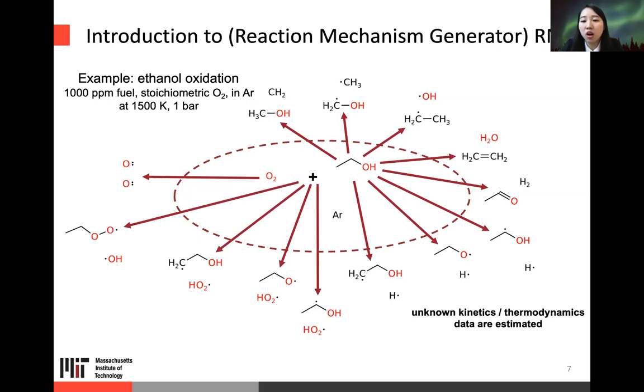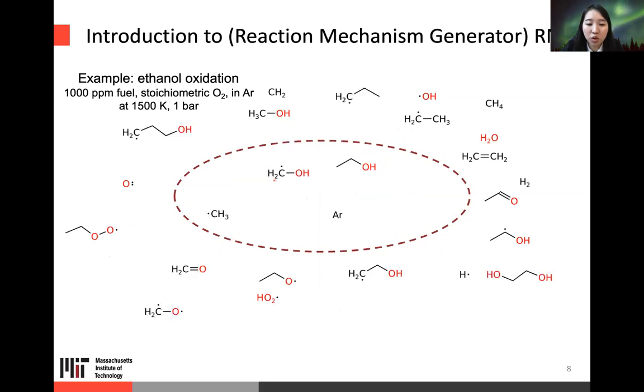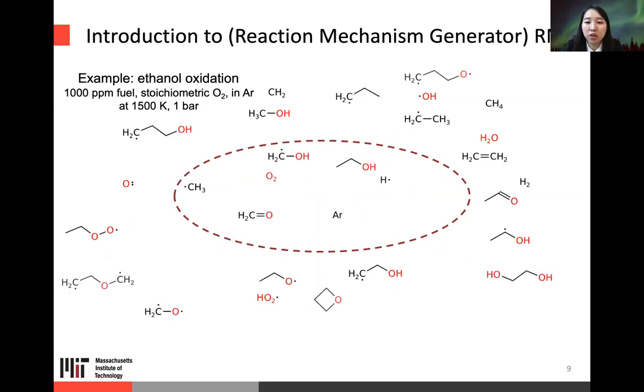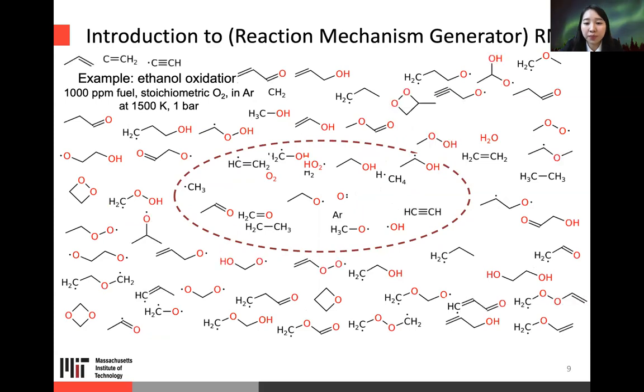And the species in the core and edge will be simulated at the desired conditions. So if some species exceed the characteristic flux, then they will be moved into core. The whole process will repeat until it thinks all the important species are included in the system.